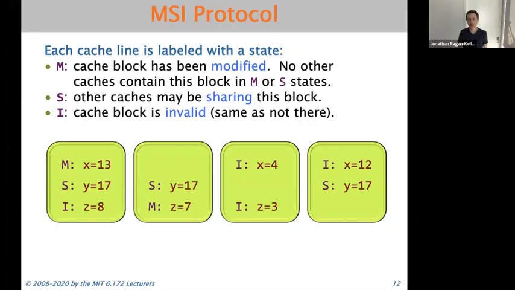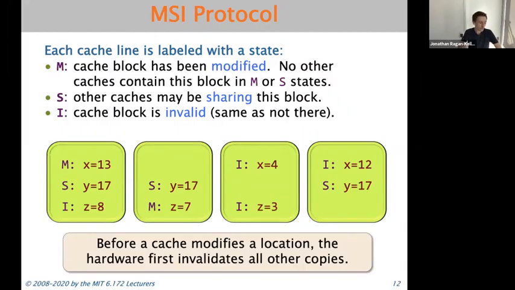If we try to look up that value in the cache, we won't get a hit, and so we won't consider that data to be there. So then the key rule in the protocol is that anytime a core wants to write to a cache line, remember that was the key moment we had an issue, anytime we want to write to a cache line, we have to be sure that we've first invalidated every other copy.